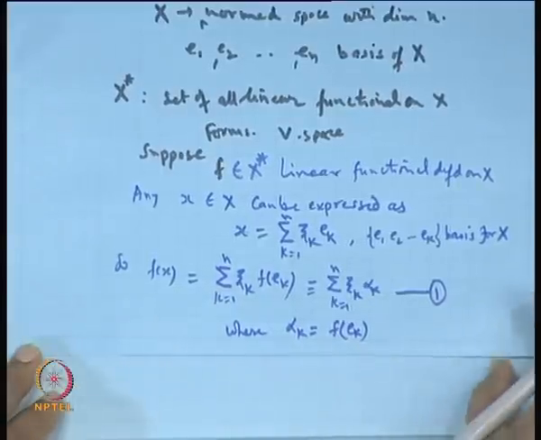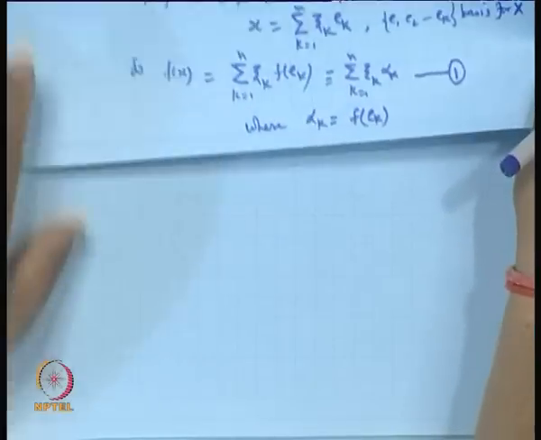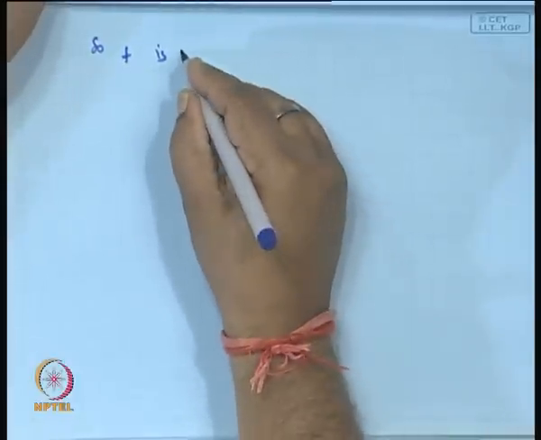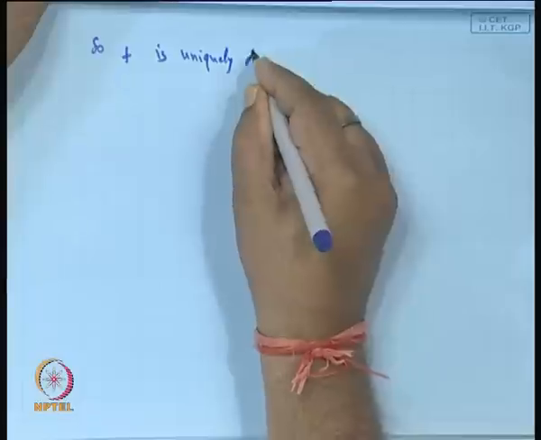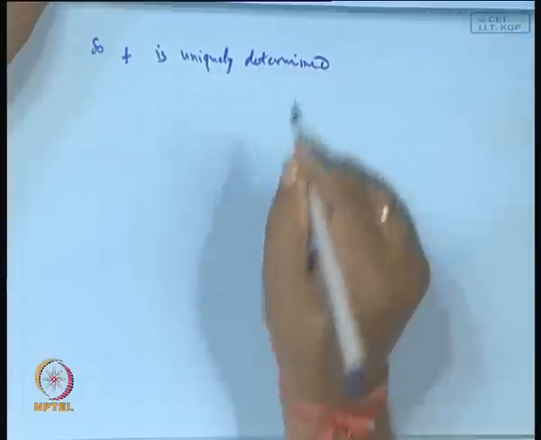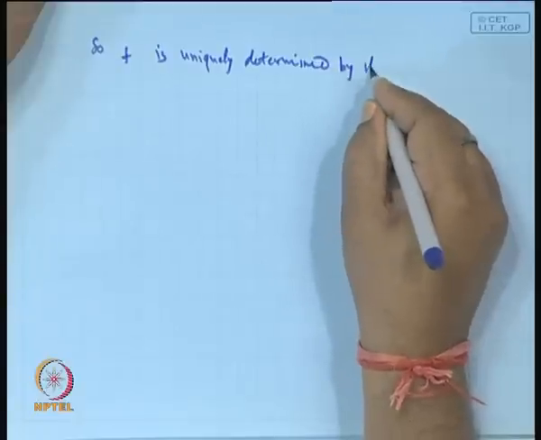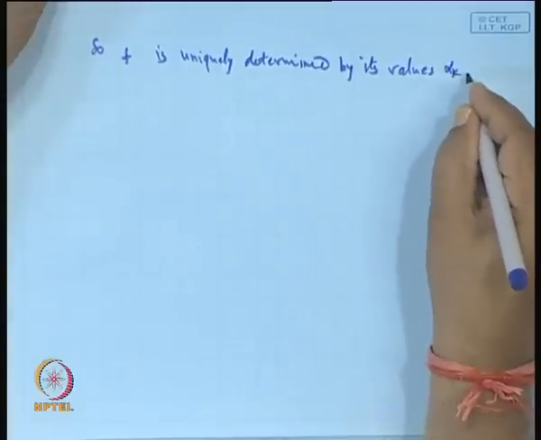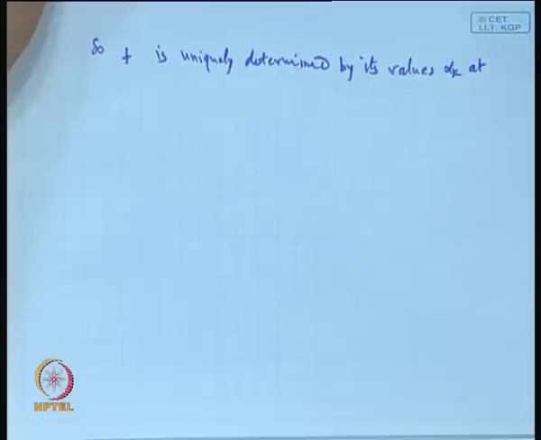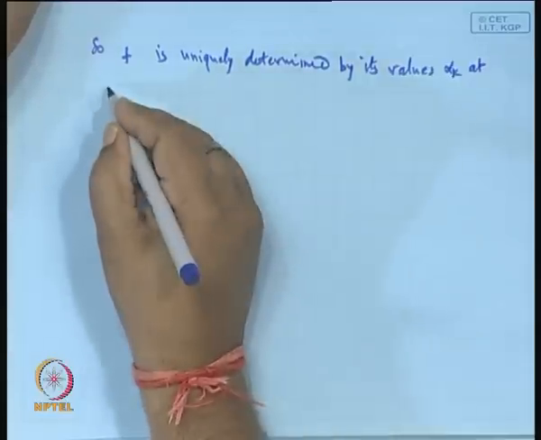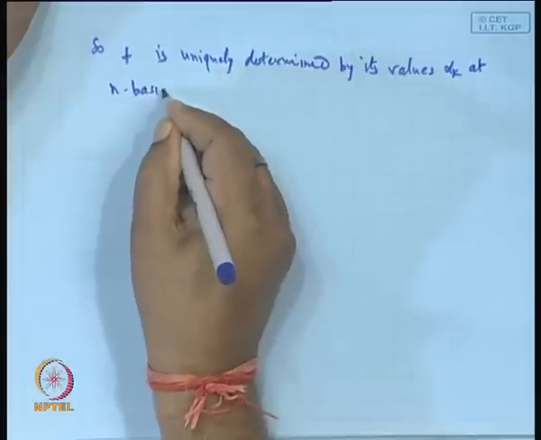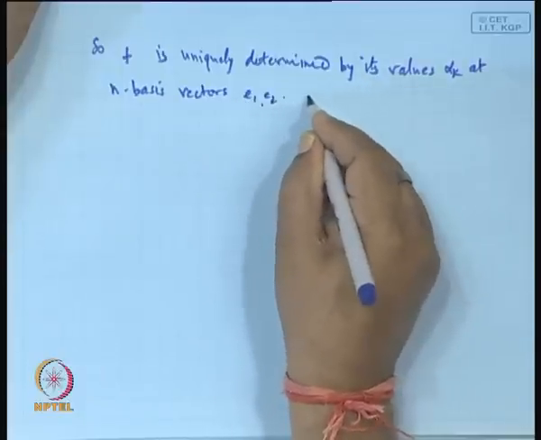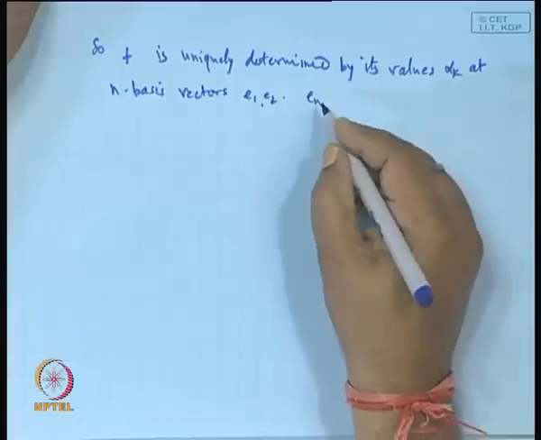So, we can say from here that f is uniquely determined by its values alpha k at the n basis vectors E1, E2, ..., En of X.